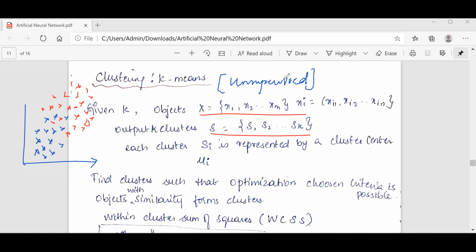Based on the similarities between each and every data point, I identify which group it belongs to, and I start grouping them into two different categories.